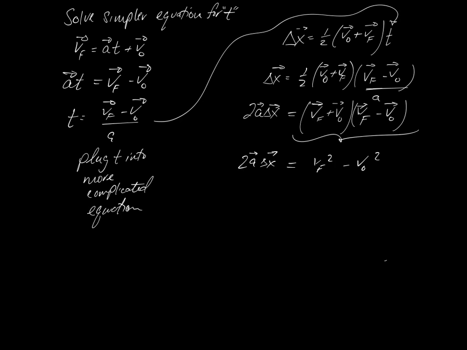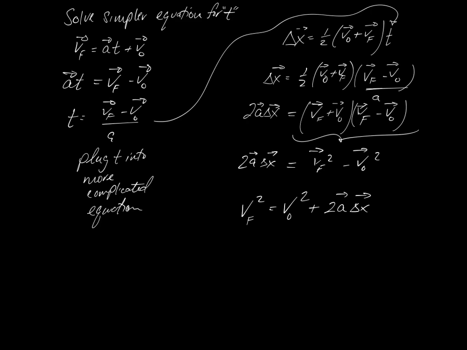And then I can solve for v final squared, and I get v final squared equals v initial squared, so I switch sides with v initial squared because it was negative, plus 2a delta x. And on your equation sheet, it's not written like this. This is how I write it, but your equation sheet, I believe it's equation 3.